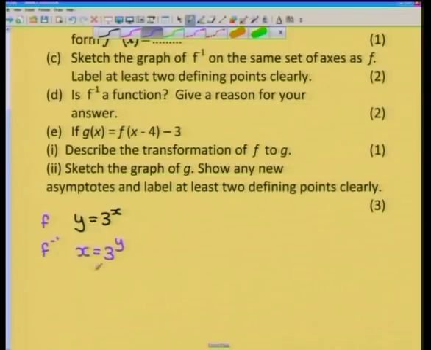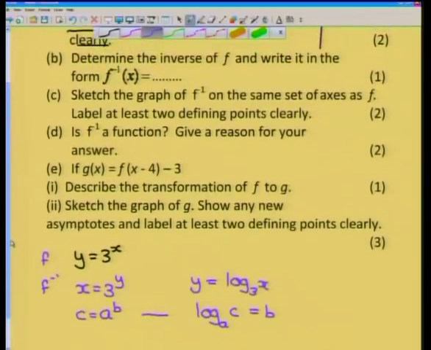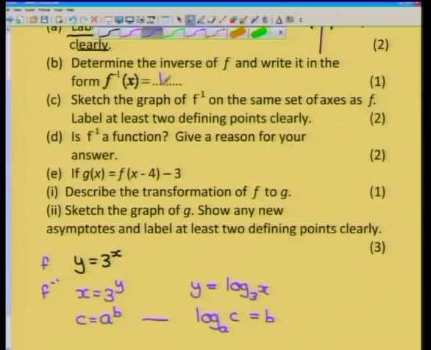The problem is we can't write it in y form, so we need to use our definition that c equals a to the b implies log to the base a of c equals b. So y equals log to the base 3 of x. So that then gives me that equation, which I'm going to write in here, log to the base 3 of x. Notice I'm making it very clear that that is the base and not part of this top section.